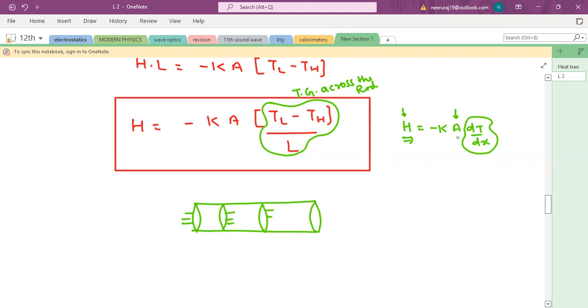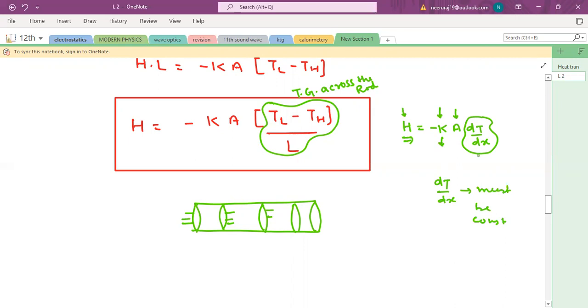A is the same everywhere across the length. K is constant. Then dT by dx must be constant. I'm talking about a uniform cross-sectional area. When the cross-sectional area is uniform and K is also constant, then dT by dx becomes constant.